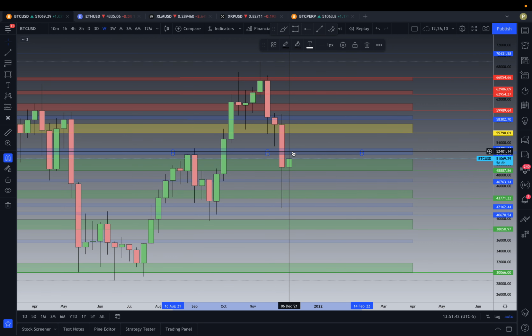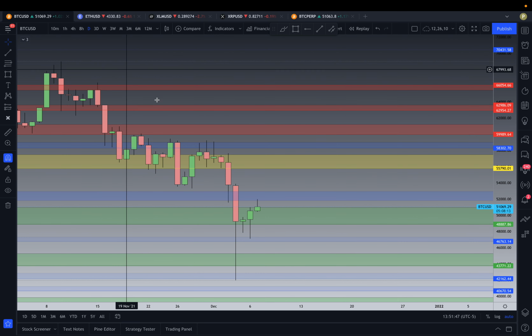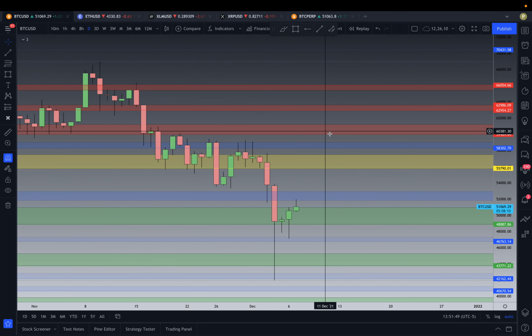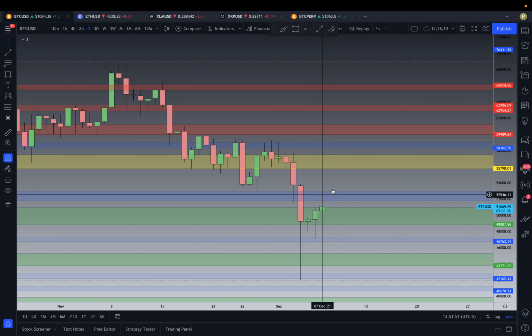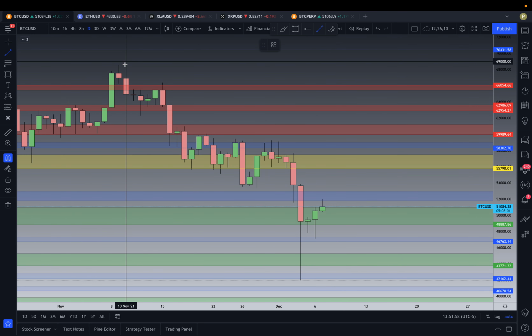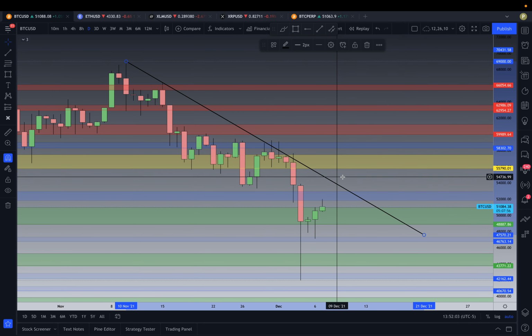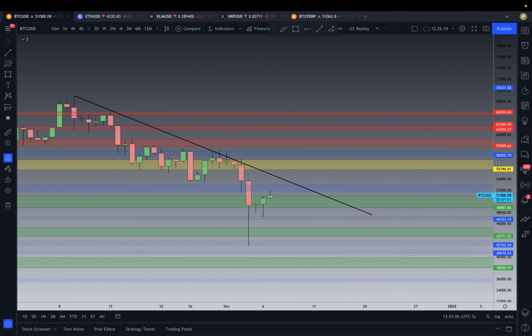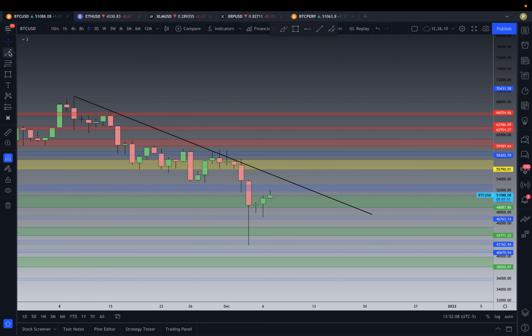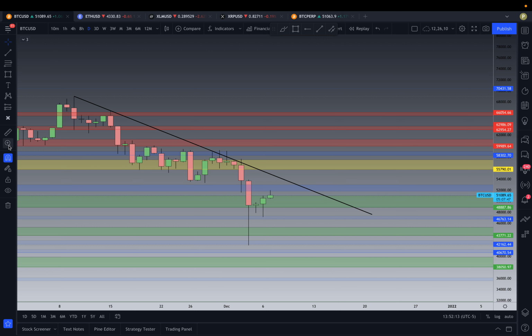Well, now it's acting as resistance, which is a little nerving. So we have to get above this level first before we can even think about getting back to a full market repair. If I draw this trend line straight down, you could see that we're still bouncing off that trend line. We bounced off it, and now we're just waiting to get right above that trend line.